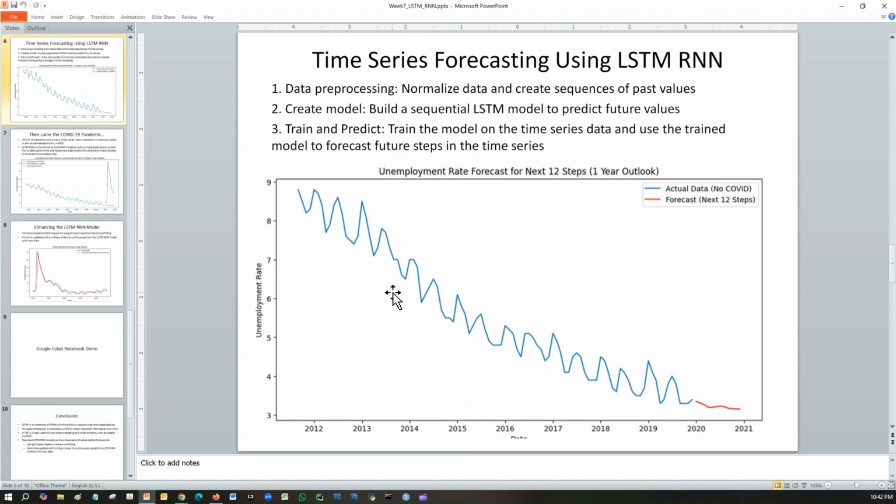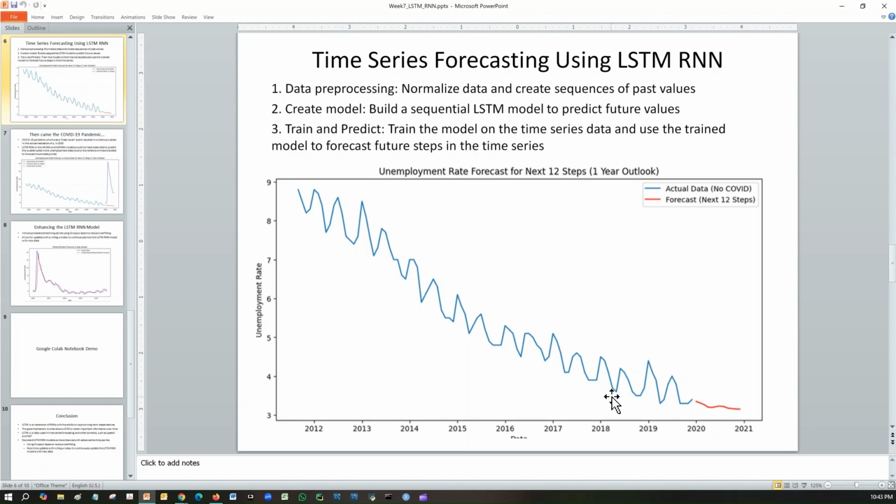A question that came up during the teaser presentation in lecture earlier this week, and it was a great question, is why the red line looks rather flat. Sure, it's able to forecast a downtrend, but the red line is not capturing the seasonality as well as it should.